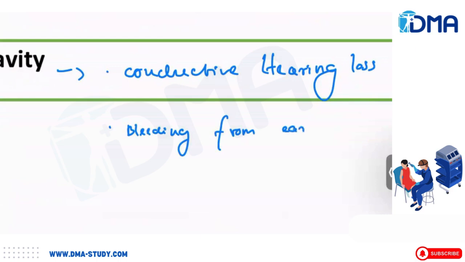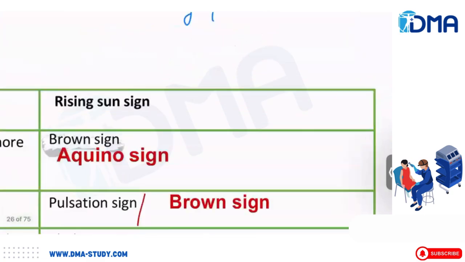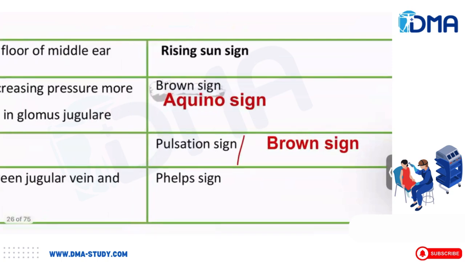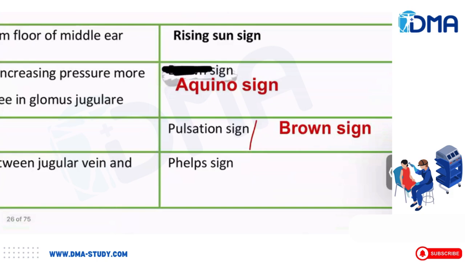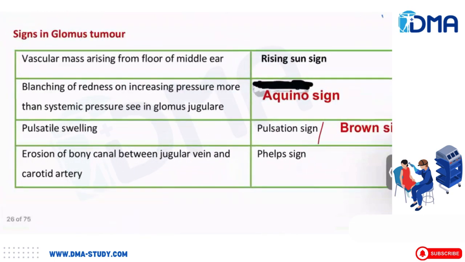So importantly, more than the symptoms, signs are very much needed to be understood in this one. What are the signs? If you see a vascular mass arising from the floor of the middle ear, it is like a sun coming out of the sea.